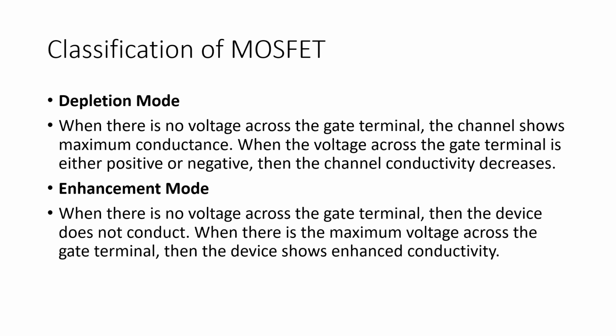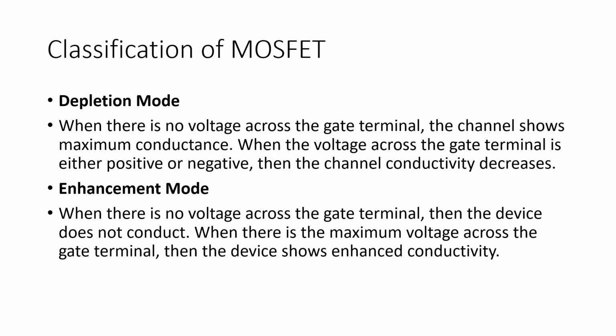In an enhancement mode transistor, when there is no voltage across the gate terminal, the device does not conduct. That means with Vg equal to 0, the input voltage is 0 and the transistor does not conduct. When there is a maximum voltage across the gate terminal, the device shows enhanced conductivity.